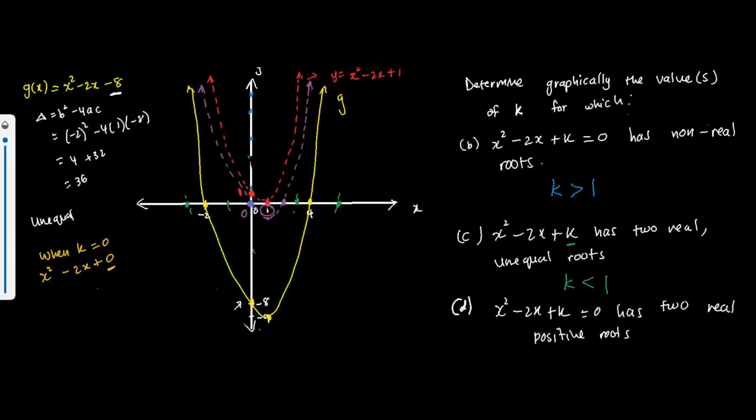So the answer will be when k lies between 0 and 1. And when k is equal to 1, what is the root? The root is 1. And last time I checked, 1 is also positive. So we have to include 1 as well.